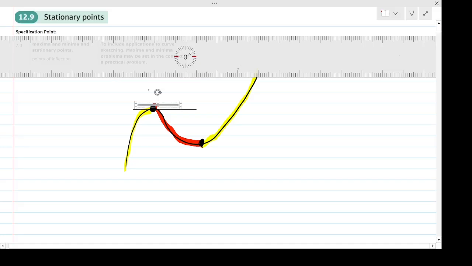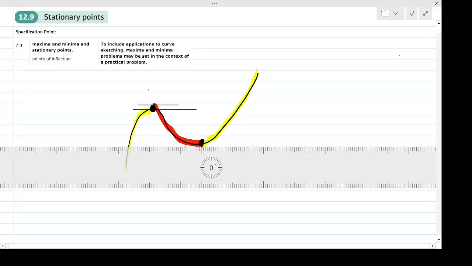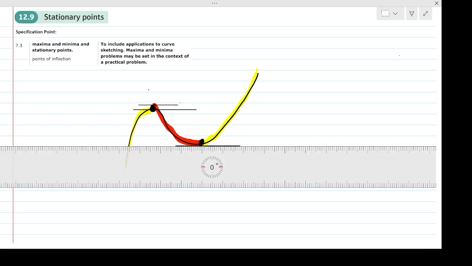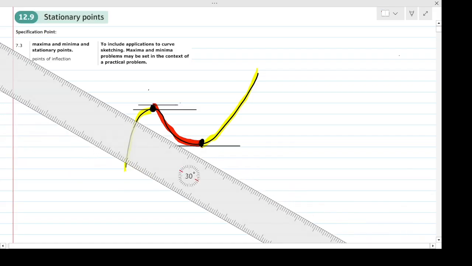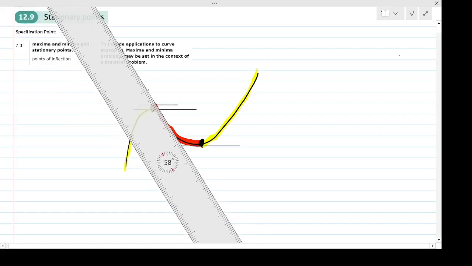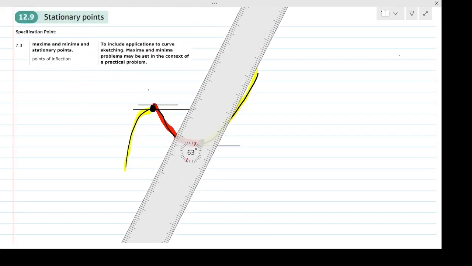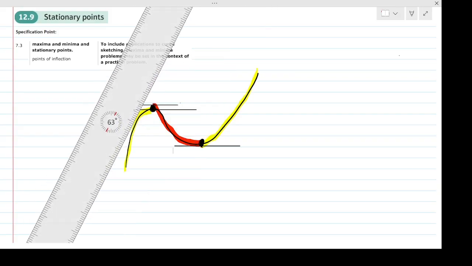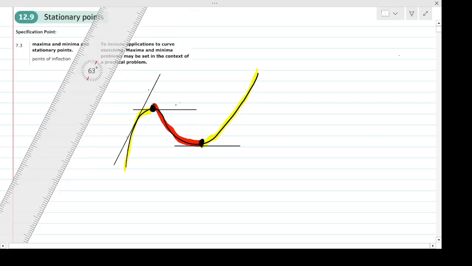And it's the same story for this second one here. If I move my line to be tangent at this point, it's again completely flat. So if I draw a bunch of tangents, starting from the first part of the curve when it's increasing, we have a tangent here that's obviously going up, increasing.